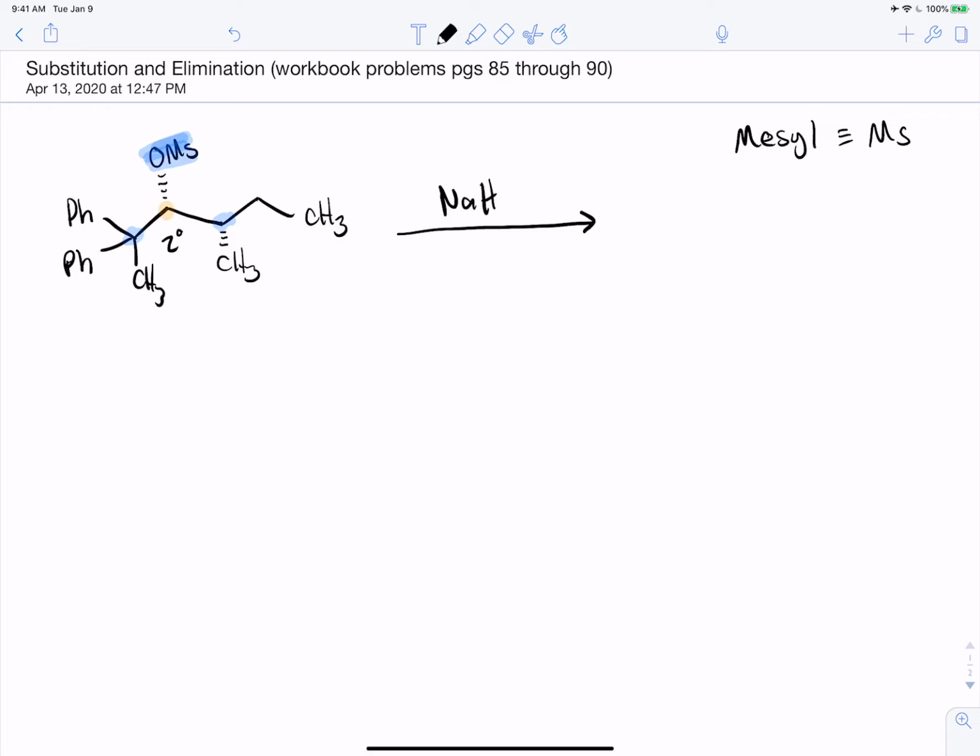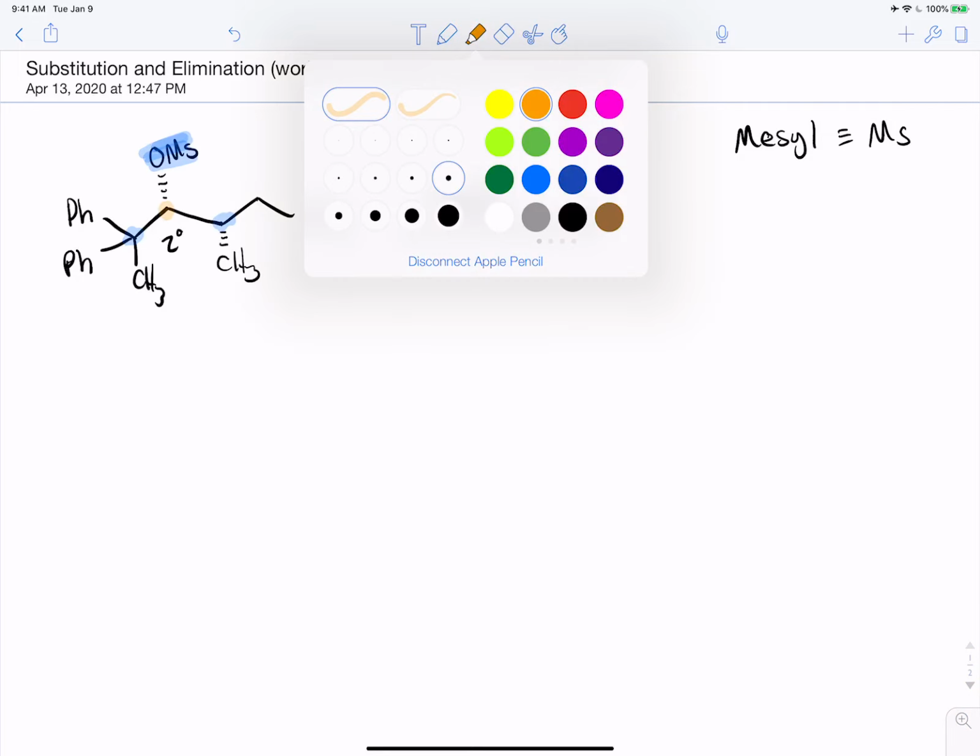Okay, so it's secondary. So secondary is the hardest one, and of course we're starting on the hardest example possible, unfortunately. So it could go E2, it could go SN2, it could go SN1/E1. We don't really know. That being the case, we want to look at our reagent.